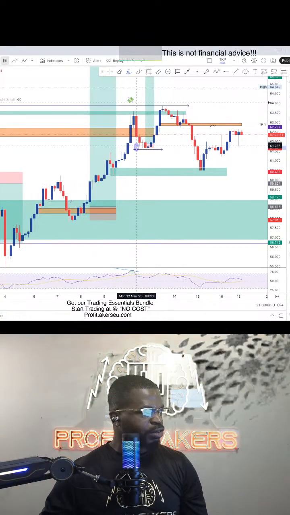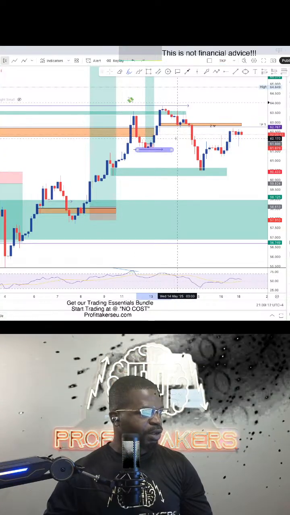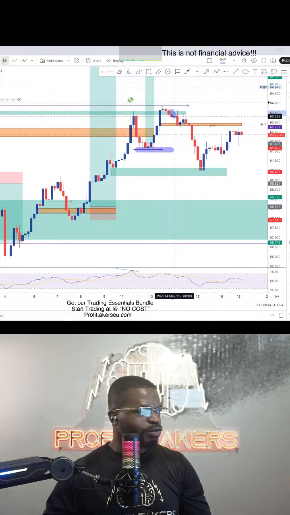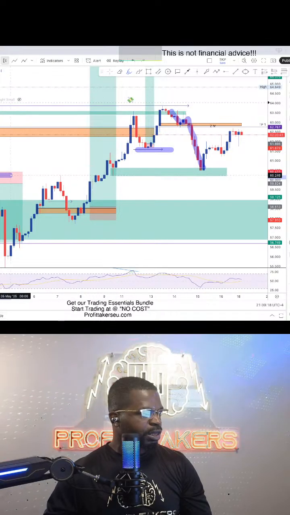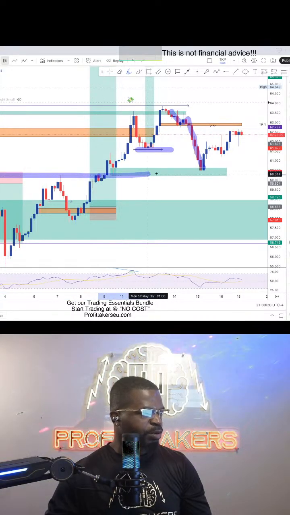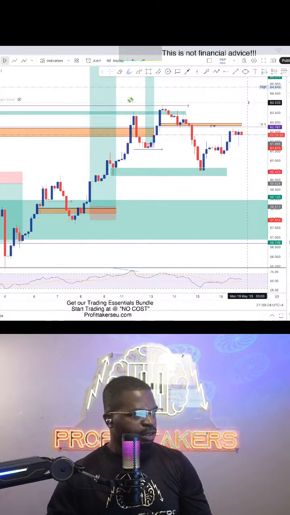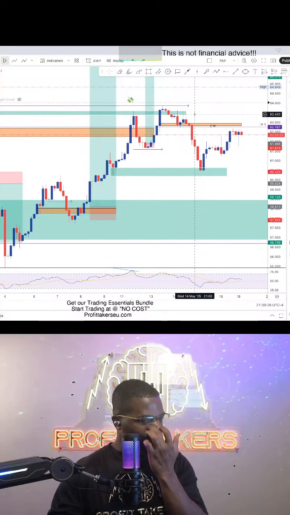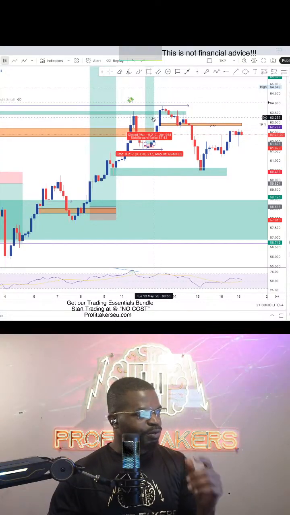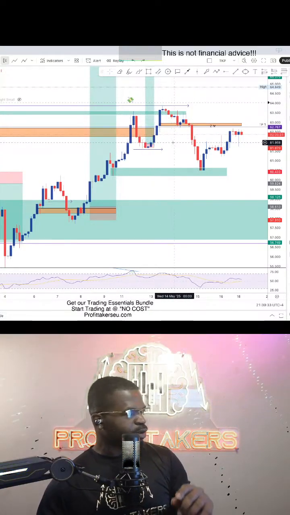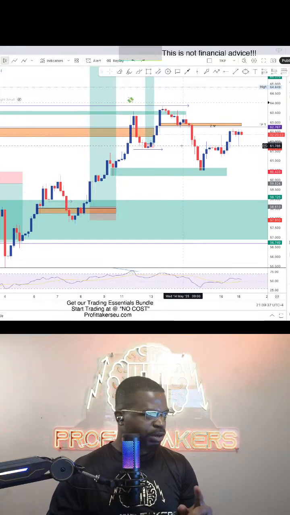Okay, price started to consolidate right here, making those relatively equal lows. Price dropped beneath it to retest the area of structure that it broke before continuing that uptrend. So this thing is proven. It's really simple to use, and you can put yourself in a position to get really good risk reward ratio trade setups by being patient and waiting on a return.